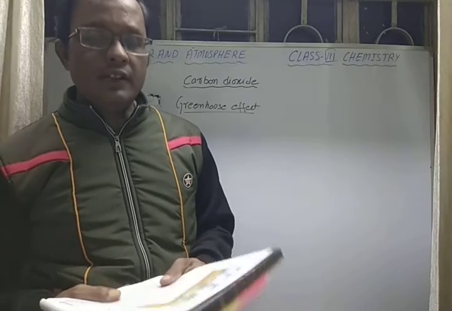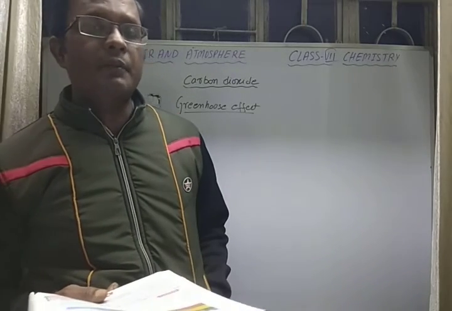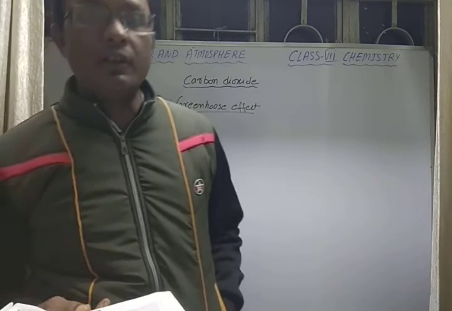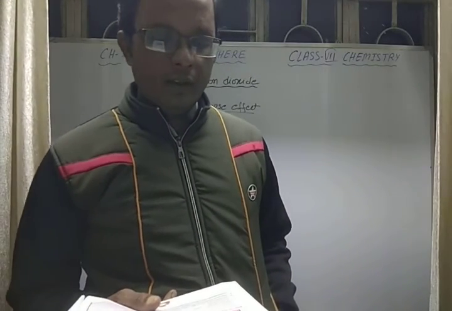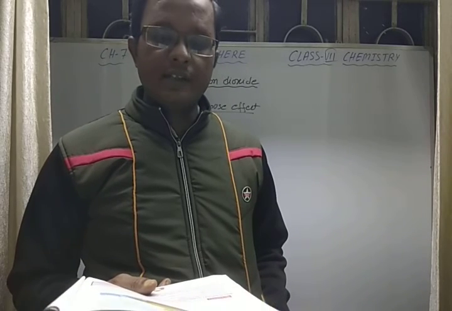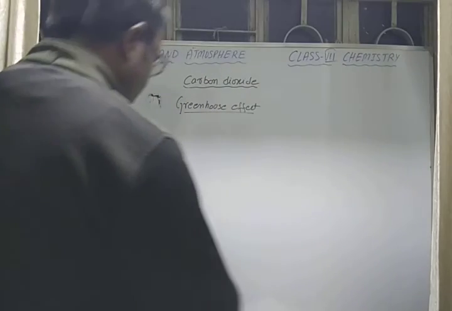So what is present in the air that does not allow the heat of the sun to escape? Some greenhouse gases are there which do not allow the heat of the sun to escape completely. These gases that trap the reflected heat are called greenhouse gases. What are the main greenhouse gases?